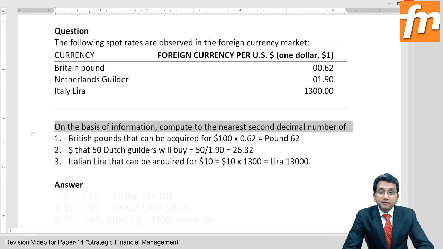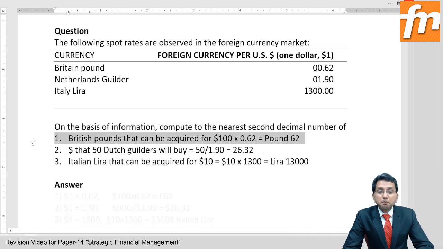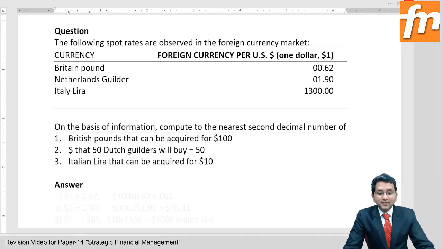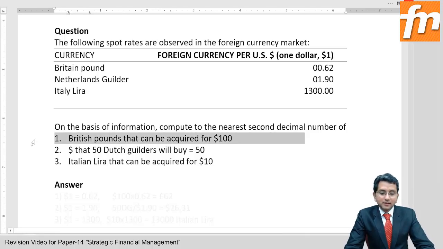On the basis of the information above, compute to the nearest second decimal the British pounds that can be acquired for $100. Now you can see that the given currency is US dollar.